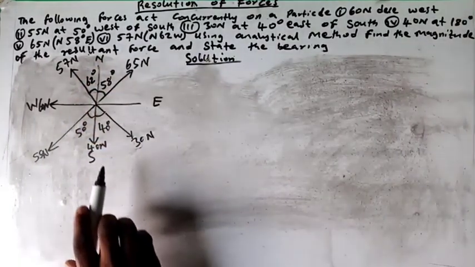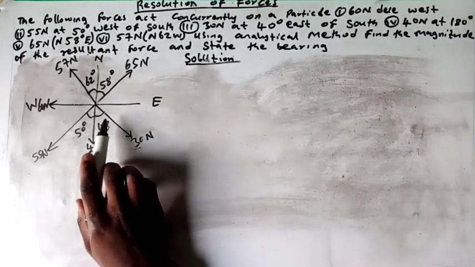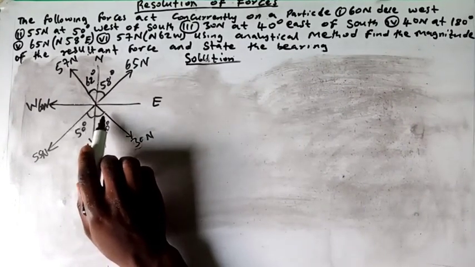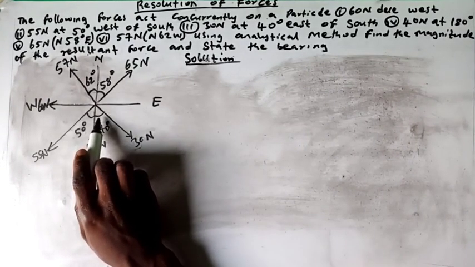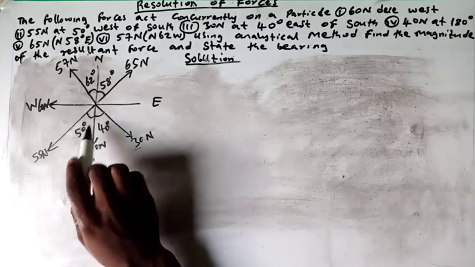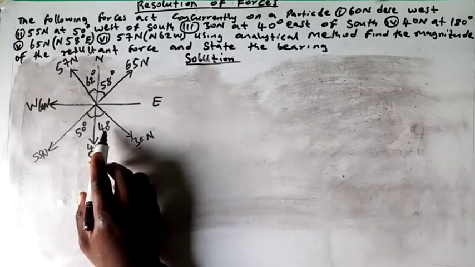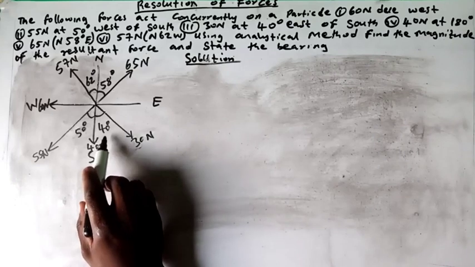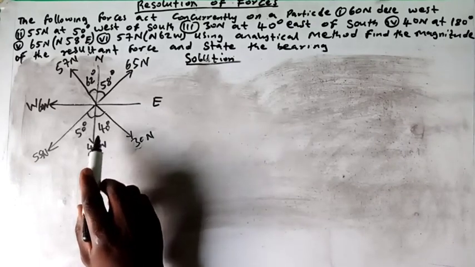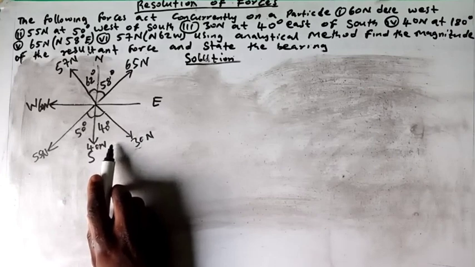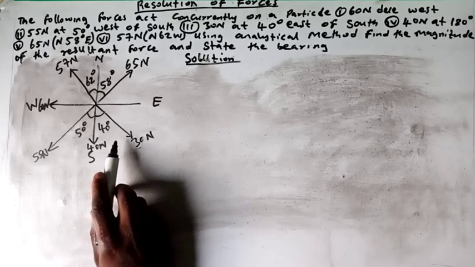So if you note very carefully, all the forces are inclined to the vertical. For this particular case, we are going to resolve the forces into their vertical and horizontal components using the angle of inclination of each of the forces with the vertical.